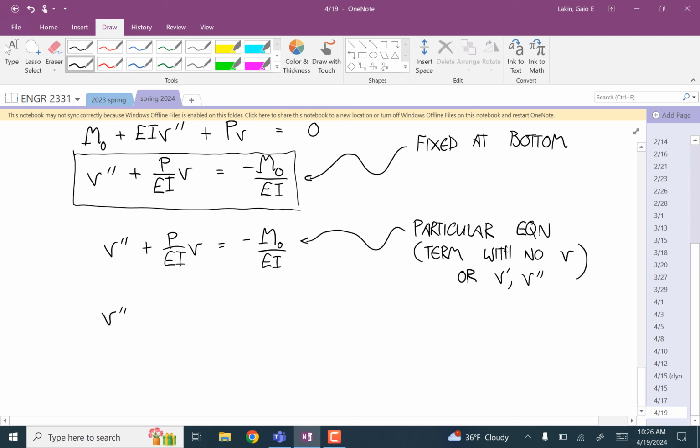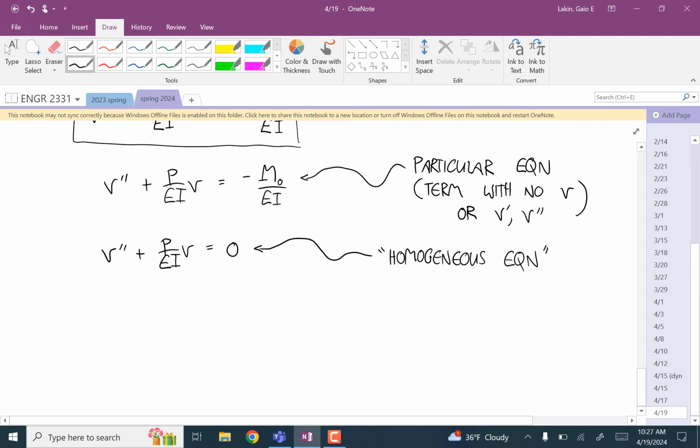So V double prime plus P over EI times V is equal to 0 is called the homogeneous equation. This is where you get rid of the terms with no V, V prime, or V double prime, okay?